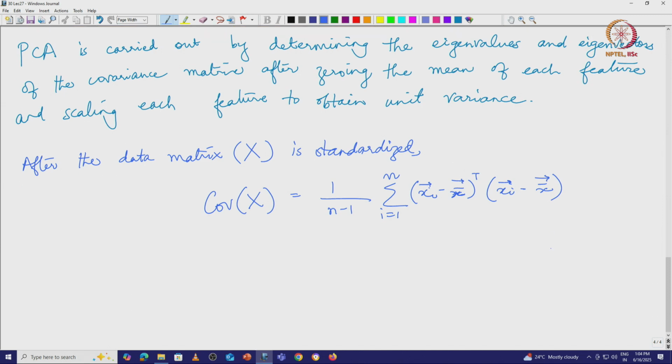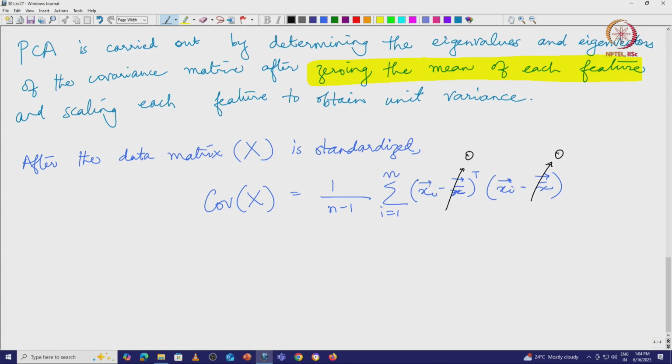Now, the good thing that we have done by data standardization is that we have zeroed the mean of every feature. So, the mean of every feature is 0, that means that this vector of sample means will be 0, right.